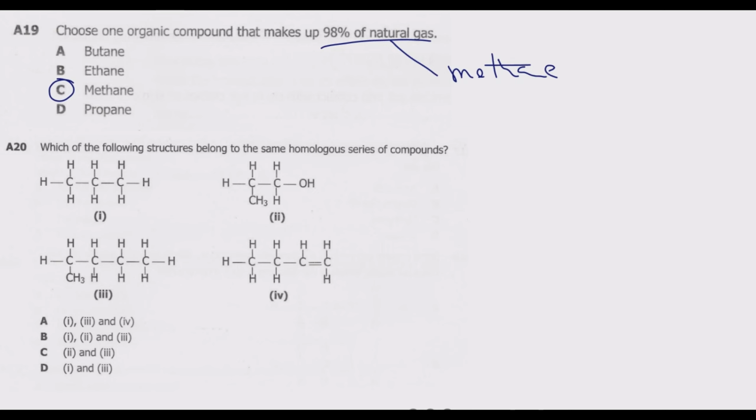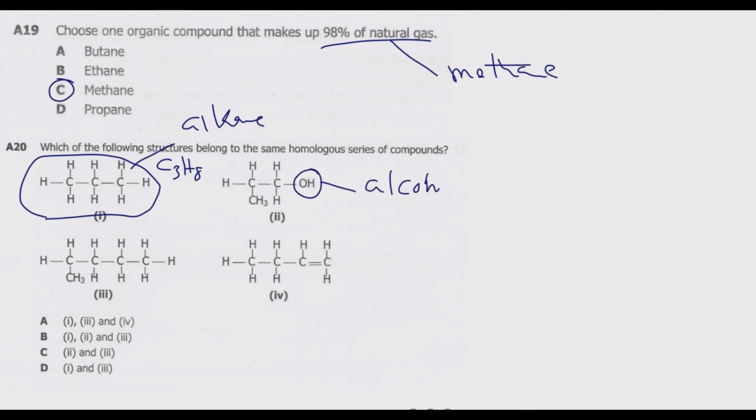Number 20, which of the following structures belong to the same homologous series of compounds? So we need to see basically what you see here. This has 3 carbons, then 8 hydrogens. So this is basically an alkane. Then if you see number 2, this is an alcohol because of the hydroxyl part.